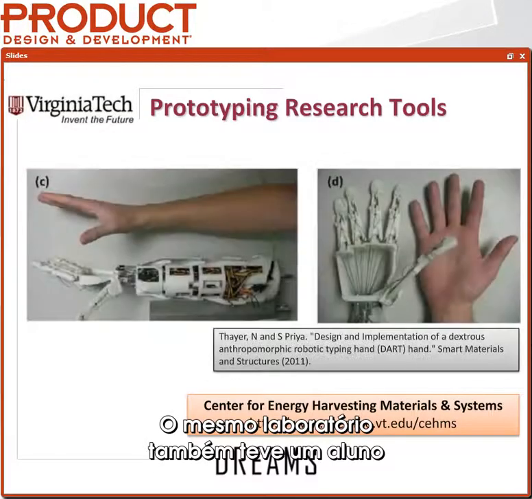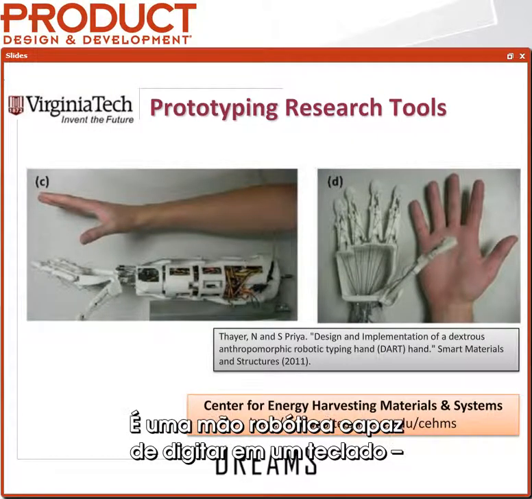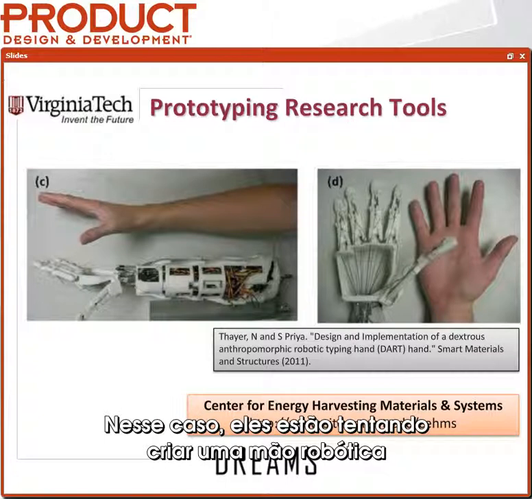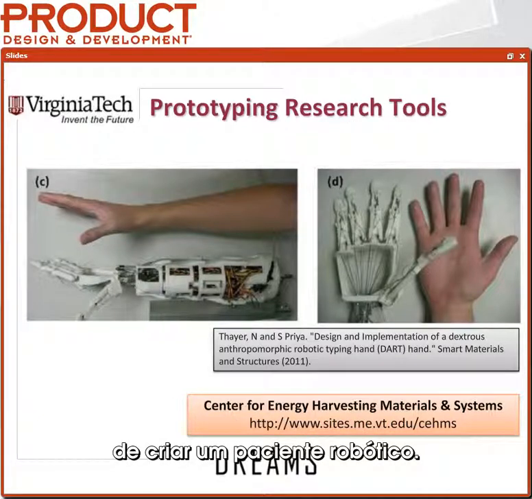The same lab had a master's student who completed what they called the DART hand. It's a robotic hand that you can see on YouTube and in the papers, and it can type on a keyboard. In this case they're trying to make a robotic hand to simulate a human hand for the purposes of making a robotic patient.